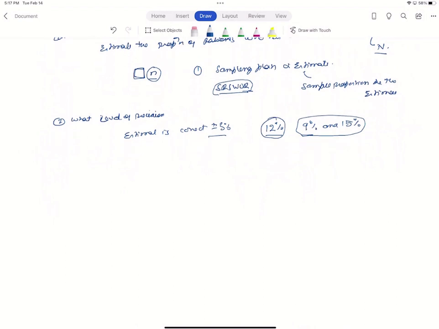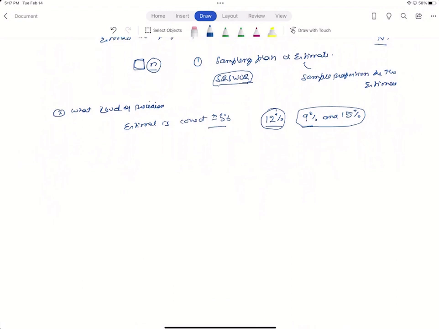Now we know that we cannot guarantee in statistics that it is going to be between 9 and 15.